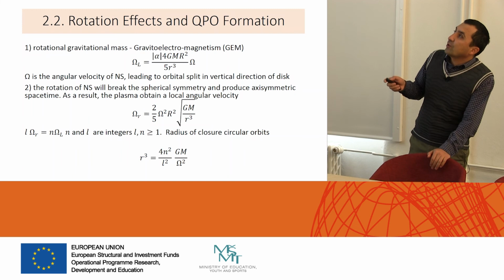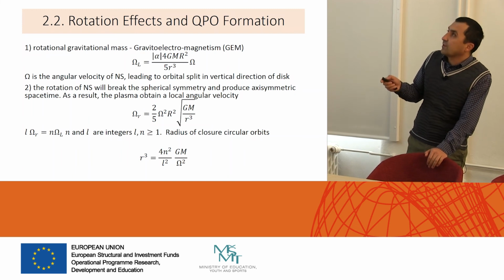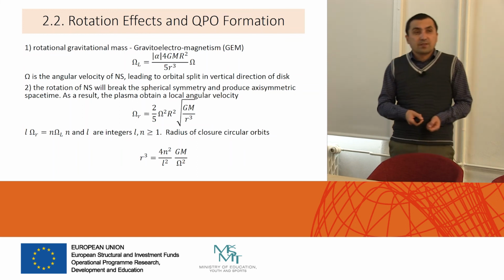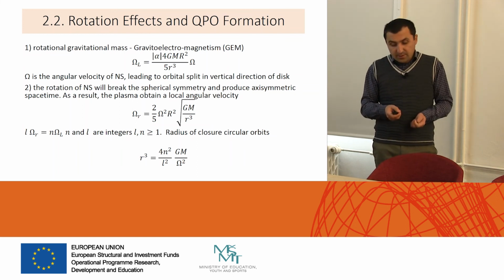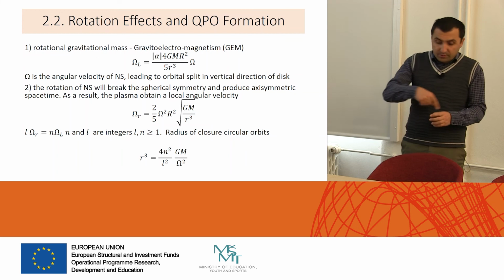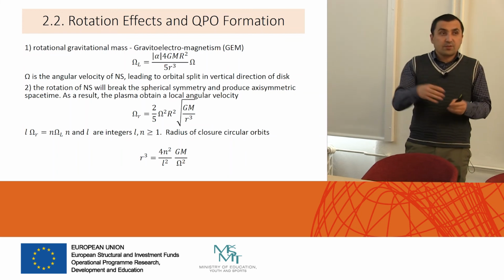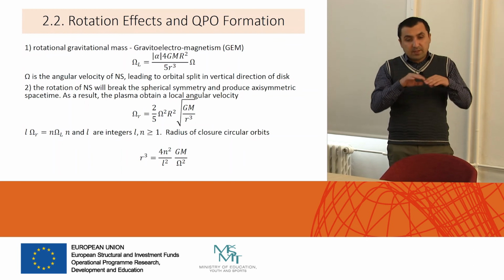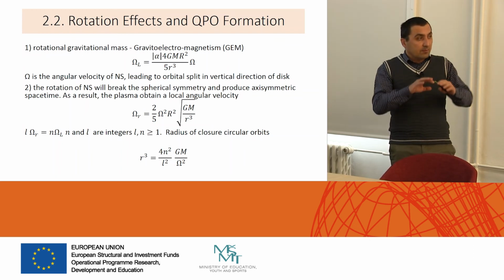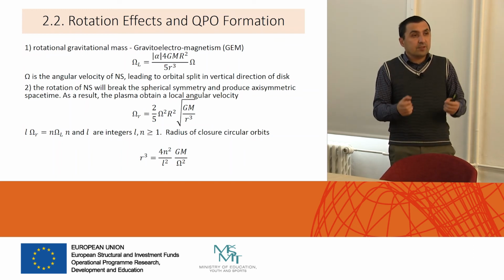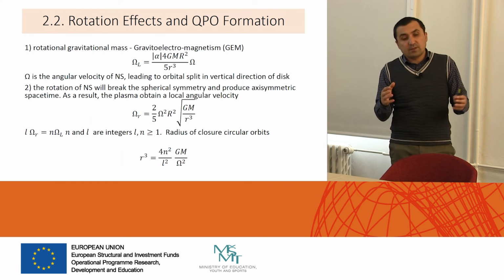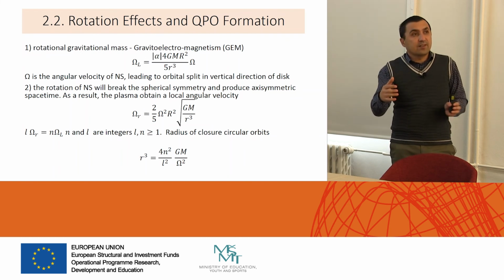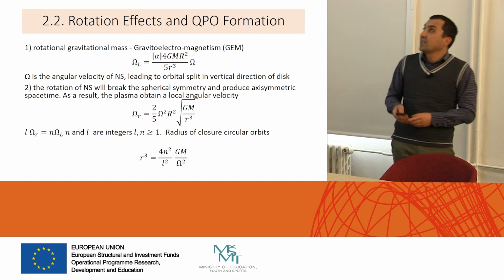So, the rotation effects of neutron stars. We know neutron stars are rotating objects, and as the neutron star rotates, we consider its magnetic field to be dipolar. This dipolar rotation creates an induced electric field.